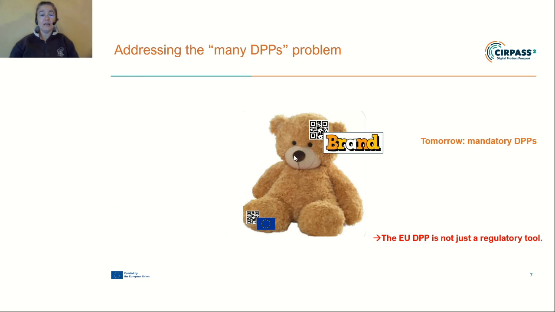in order to avoid putting several data carriers on products, we really lobbied during the Surpass 1 project to ensure that the European Digital Product Passport is not only a regulatory tool, meaning that it can also be used as a tool to transport voluntary information, meaning information that brands actually want to share with their stakeholders.